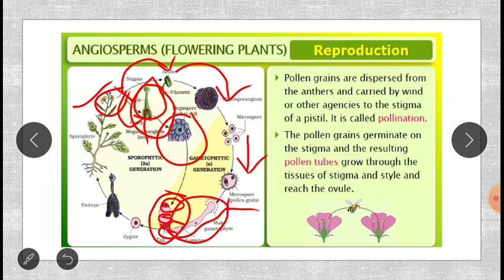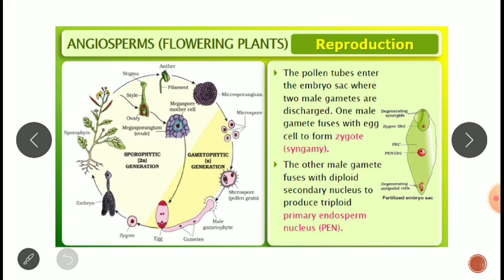Now what happens? This pollen grain comes and attaches to the stigma. When it attaches to the stigma, the pollen gametes are released within the stigma. Through the style, it reaches the egg.